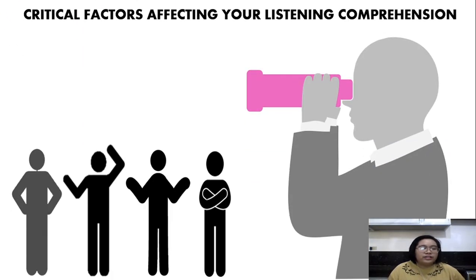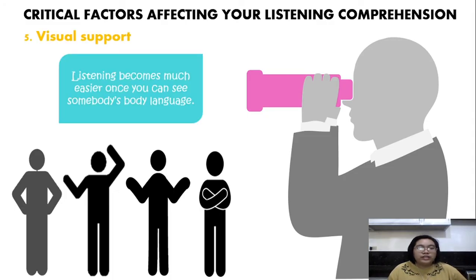Next factor is the visual support. Listening becomes much easier once you can see somebody's body language. A lot of things would get lost in the tangle of speech if the listener cannot see the speaker. Visual support such as body language, nonverbal signals, and even pictures and symbols may assist students to maintain their attention, understand the spoken language, and create their own meaning.